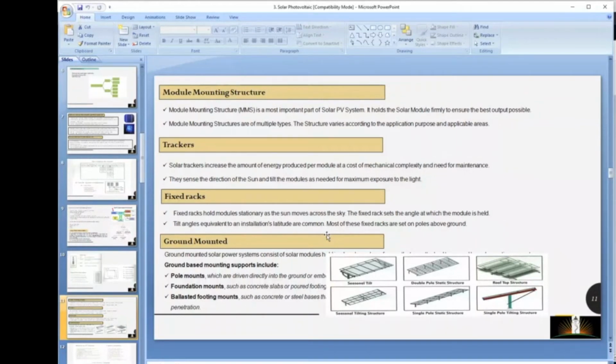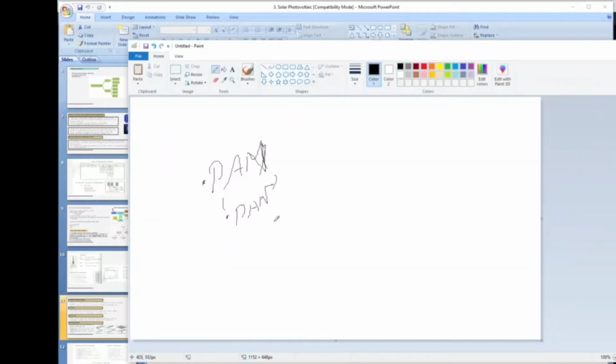But where does the tilt angle come from? If this is my ground and this is my solar panel SP, and we extend it, this angle is called alpha, or in other terms the tilt angle.